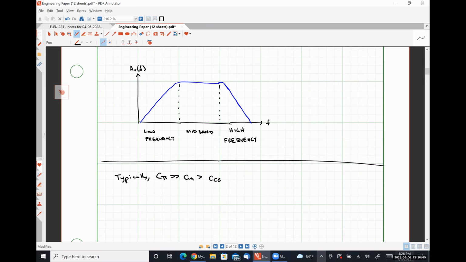Now, unfortunately, these values are not specified on data sheets or anything like that. So we have to experimentally determine them when we are designing a circuit.